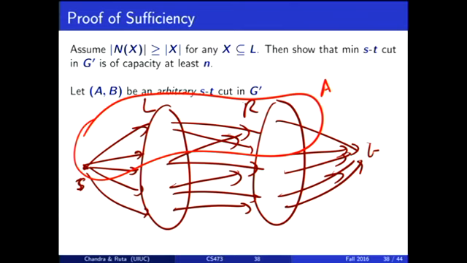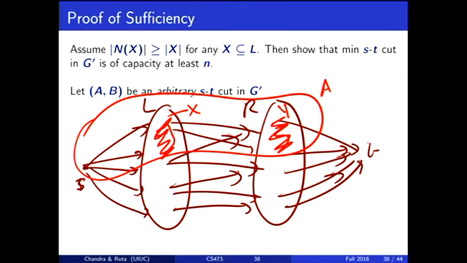Okay, so let's look at this set of vertices. Call that X. And then we'll call this set of vertices Y. What is the capacity of the cut though?